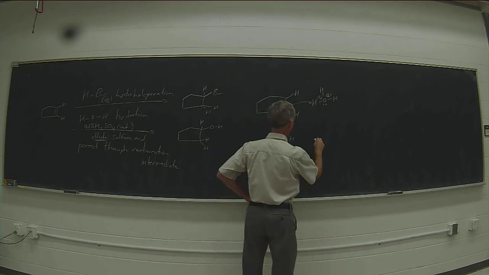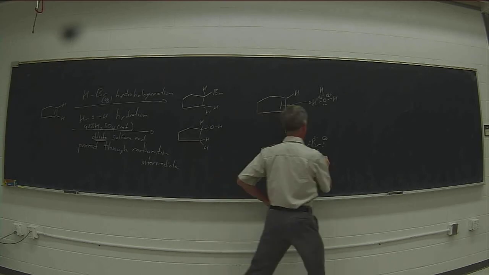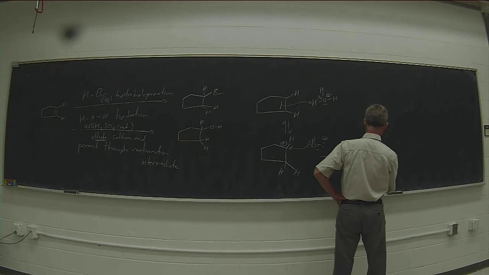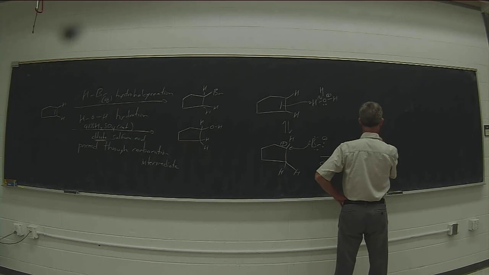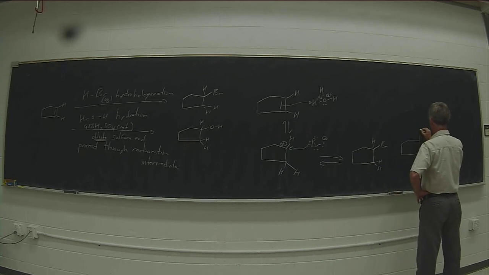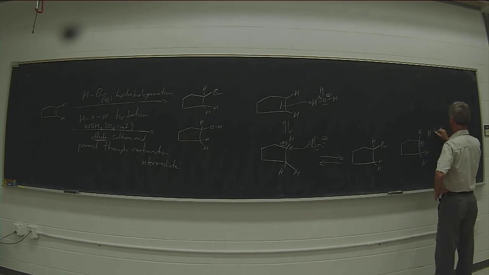And then the nucleophile, bromide in the case of hydrohalogenation, water in the case of hydration, attacks the carbocation intermediate.